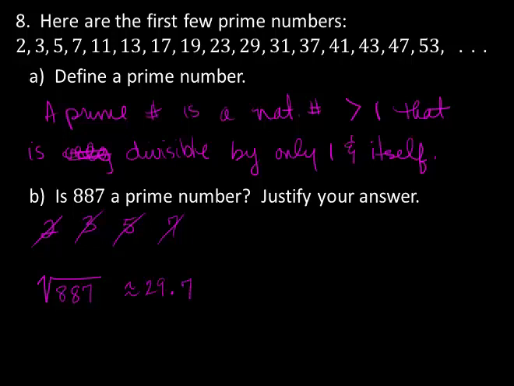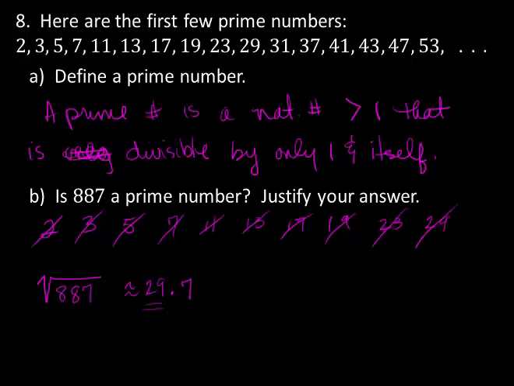So I know that if I try all prime numbers less than or equal to that square root, and none of them divide evenly, then I'm done. I'll know that 887 is a prime. So I've got to try the primes up to and including 29. And I do so. I try 11, nope, 13, nope, 17, 19, 23, and 29.